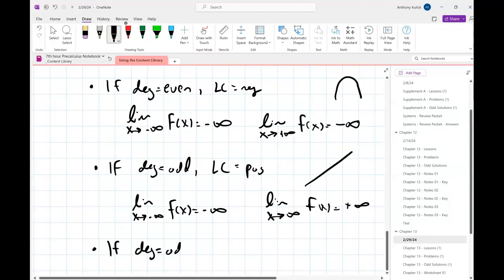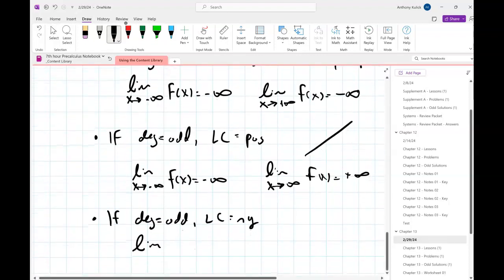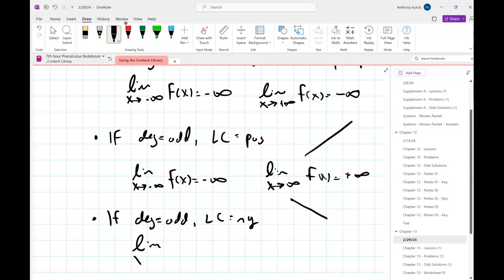If my degree is odd and my leading coefficient is negative, that's going to be like the graph of y equals negative x. So there, the left end points up, and the right end points down. Is everybody okay with those rules?